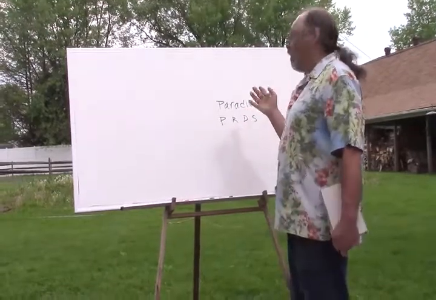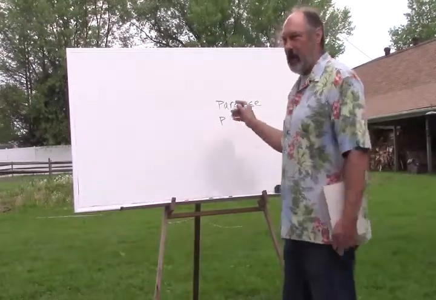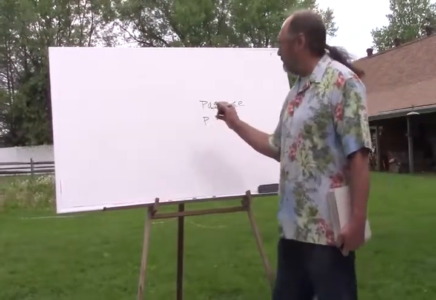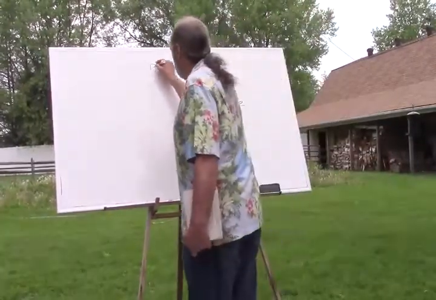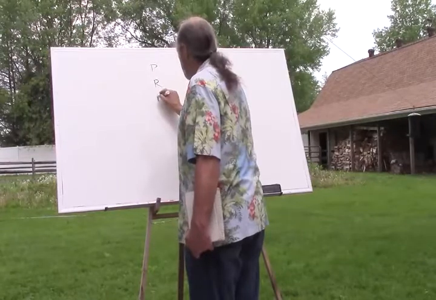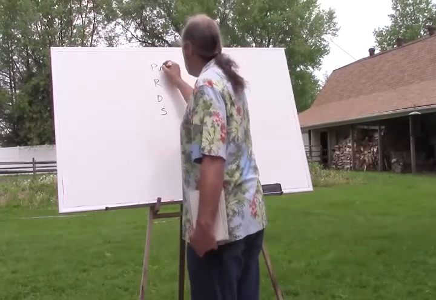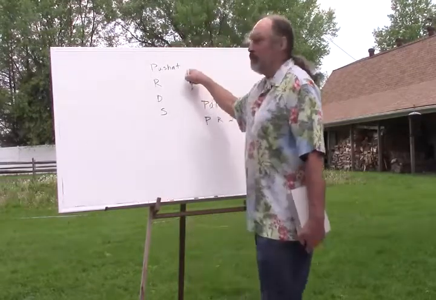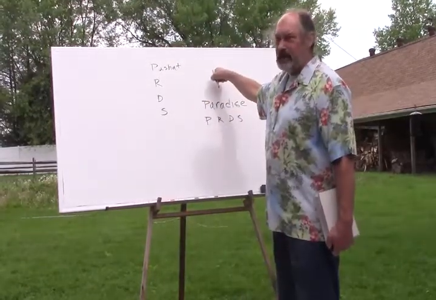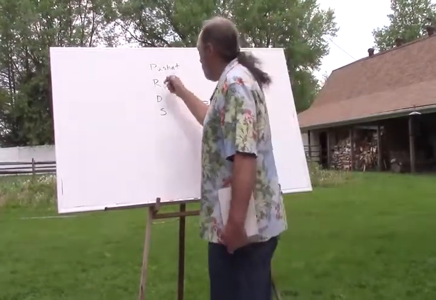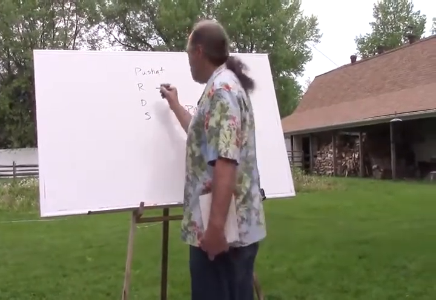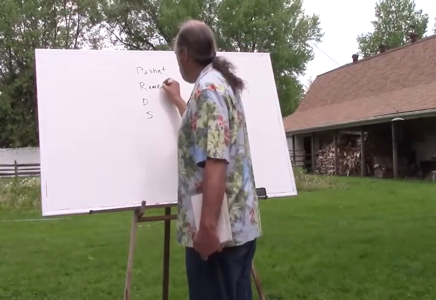Well, coincidentally, paradise, that's the wonderful place. Coincidentally, in Hebrew, if you write P, R, D, S, you have what's called the Pashat. Well, that's the surface narrative level of reading a text. And these are Hebrew words that happen to have the same consonants as paradise.